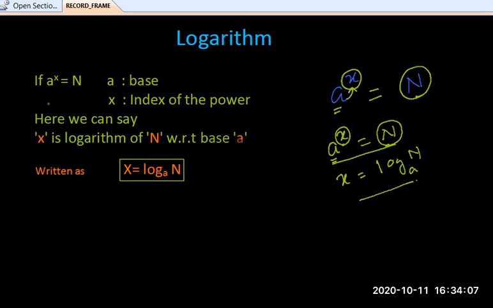Here, in the equation a to the power x equals n, a is called the base and x is called the index of the power. We can say that x is the logarithm of n with respect to the base a. So it can be written as x equals log base a of n, or log n with respect to the base a.